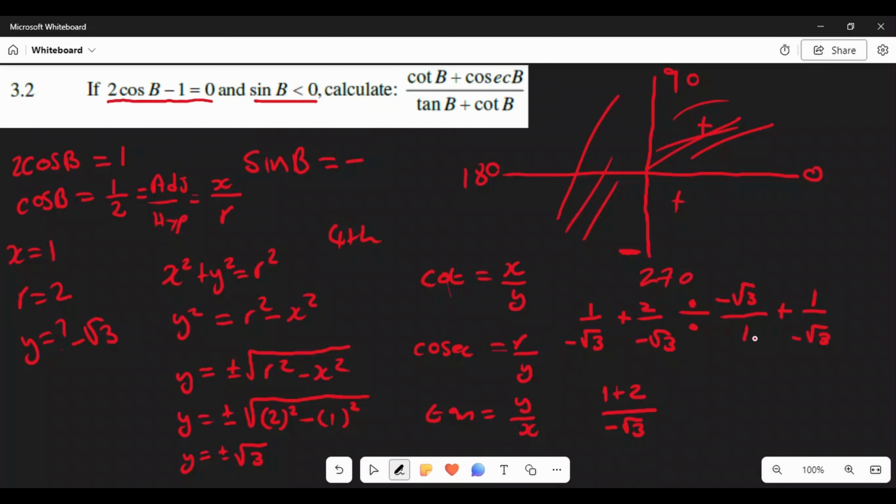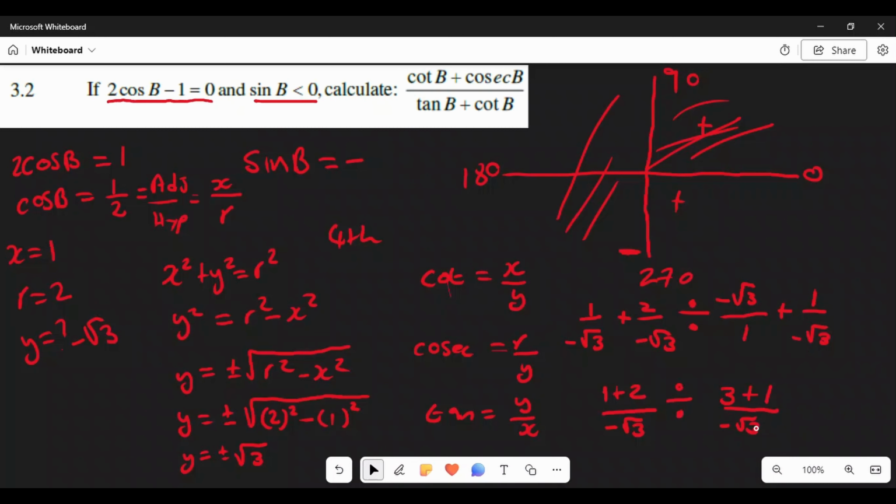And then here, since the denominators are not the same, we need to find the common denominator. But as you can see, the common denominator is actually negative root 3. So if you say 1 into root 3, negative root 3 is going to be negative root 3 multiplied by negative root 3, so the answer is going to be 3. Plus, if you say negative root 3 into root 3, the answer is going to be 1.